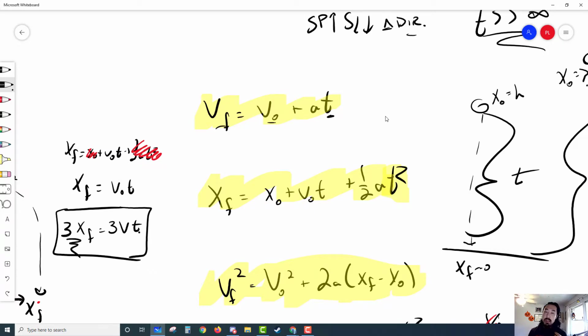And it's like, what additional information do you need? In that scenario, you have your time and your velocities, so the only additional information you would need would be the acceleration. Okay, so look out for that.